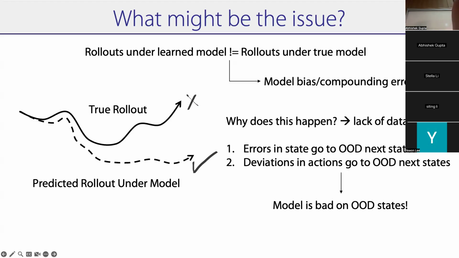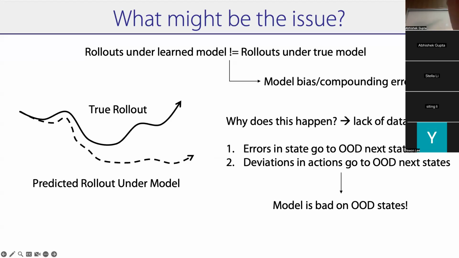Now I'm going to take this action, thinking it's good when it's really terrible. It can lead to controllers that are catastrophically bad because they're imagining a great future. That's also the issue with model bias.